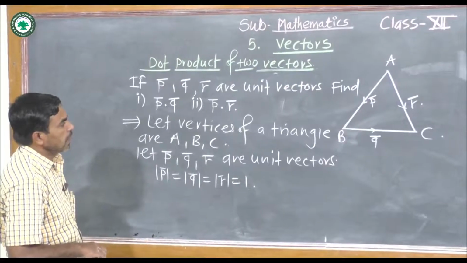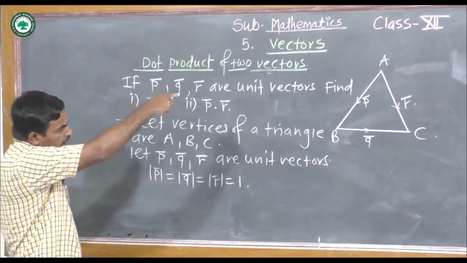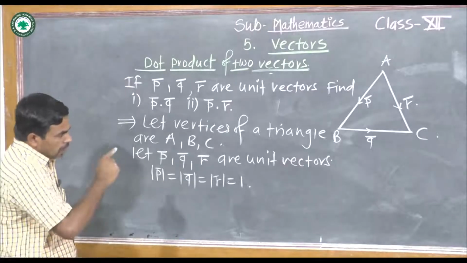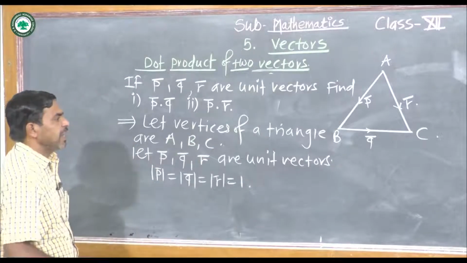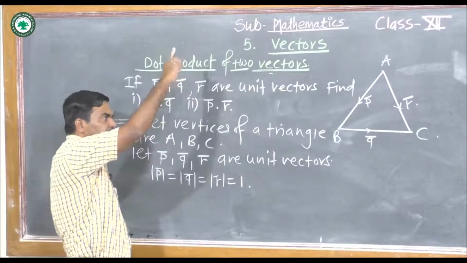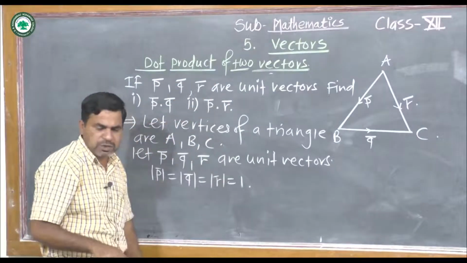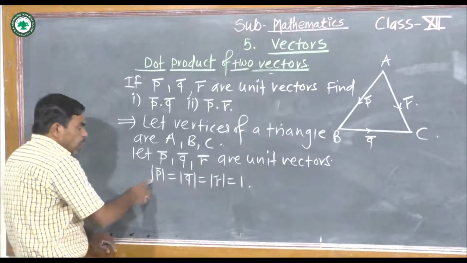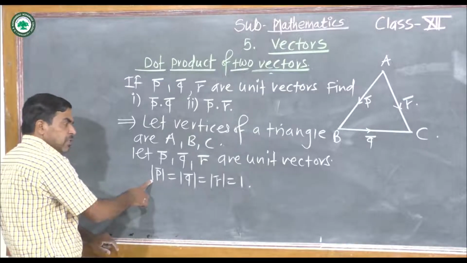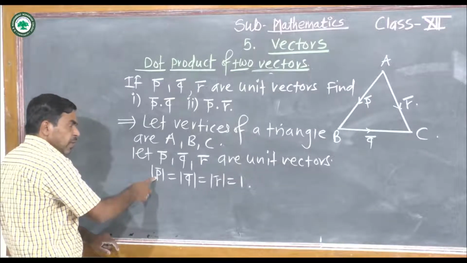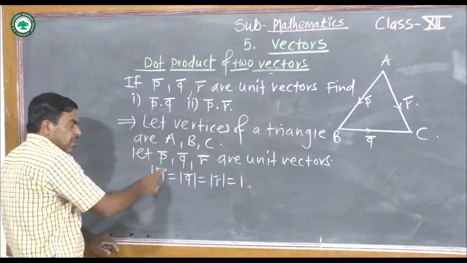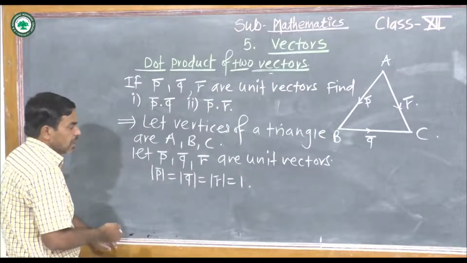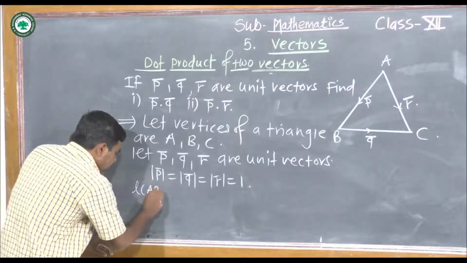Now see, the vector p is along the side AB, so AB bar is p bar. Vector q is along the side BC, so BC bar is q bar. And vector r bar is along the side AC, so AC bar is equal to r bar. So the length of the segment AB is the magnitude of vector p, the length of BC is the magnitude of vector q, and the length of AC is the magnitude of vector r bar.